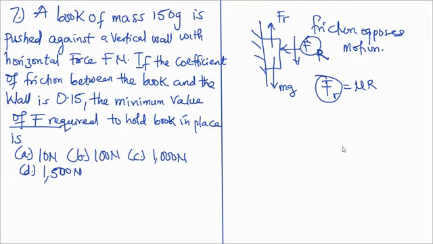Now how do we know our F? So this is what we are doing. Our Fr is equal to mu R. We have already known that's how our force normally is. Now I told you that this horizontal force, this force F, is equal to R, I hope you understand.